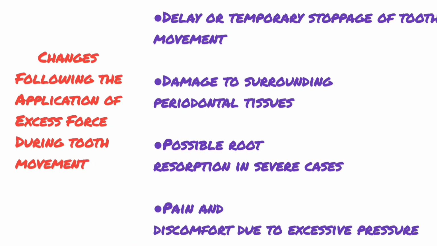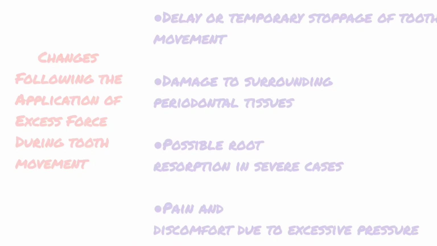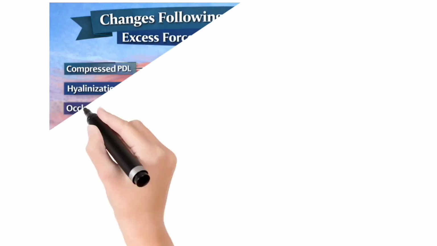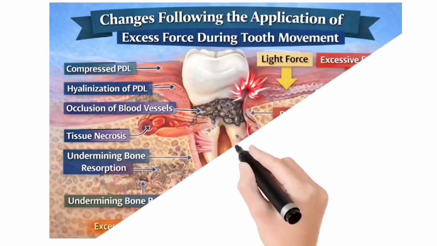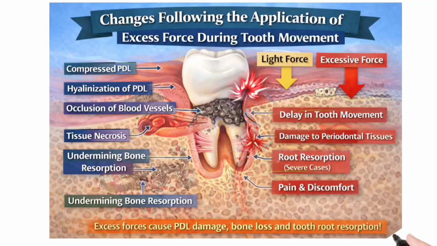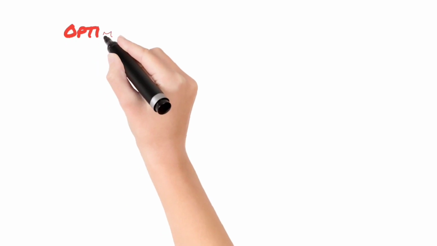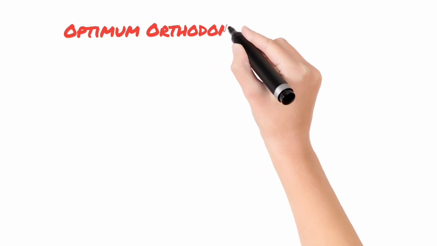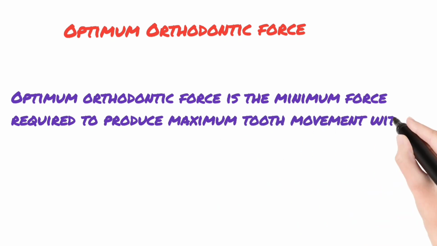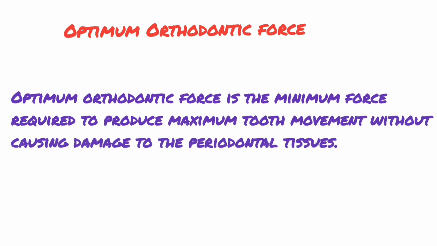Tissue changes following the application of excess force during tooth movement: when excessive orthodontic force is applied to a tooth, abnormal histological changes occur in the periodontal ligament, PDL, alveolar bone, and surrounding tissues. Optimum orthodontic force is the minimum force required to produce maximum tooth movement without causing damage to the periodontal tissues.